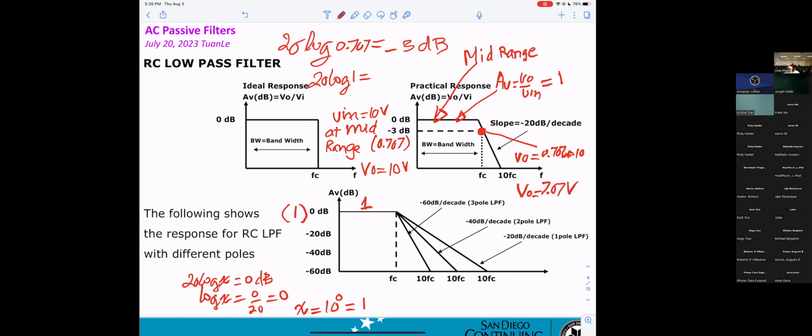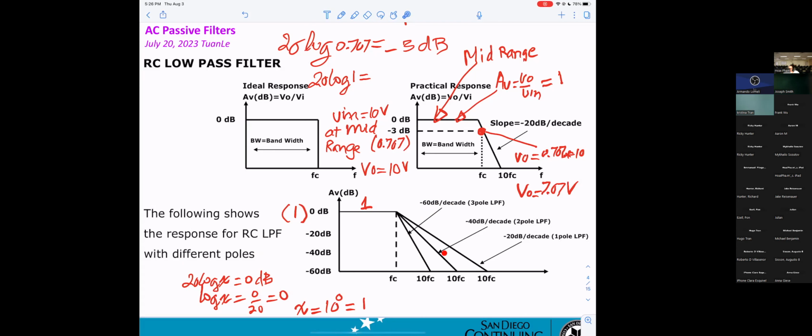The following shows the response for an RC low pass filter with different poles. Looking at that, the first one here is minus 60 dB per decade.